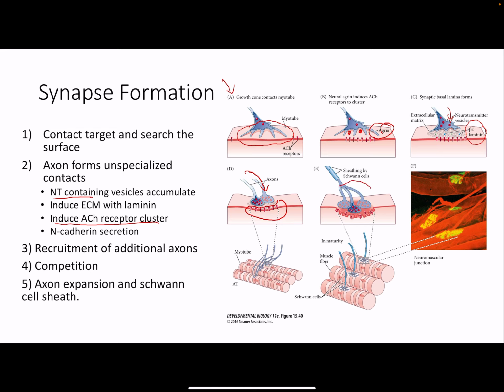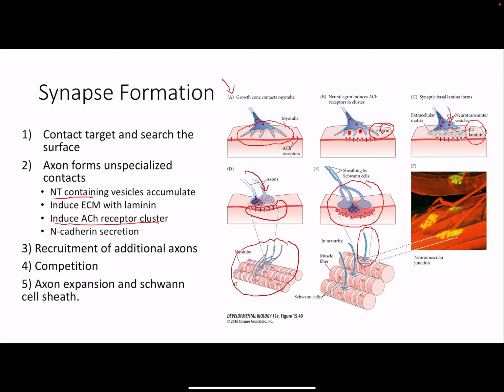Once we have these multiple different axons, we will have them compete to see who can create the best interaction overall with these areas. So we go from this instance where we have multiple axons innervating, and then the strongest one is ultimately the one that is selected and kept.